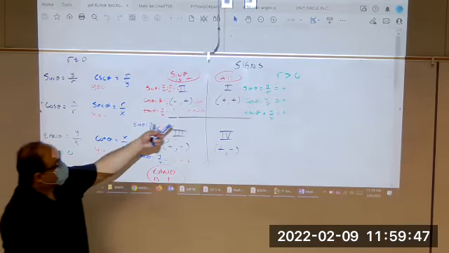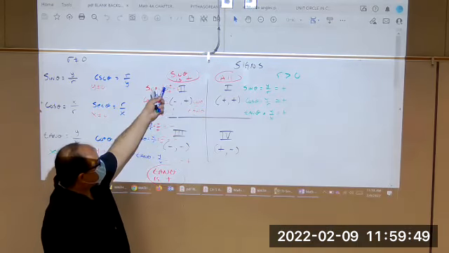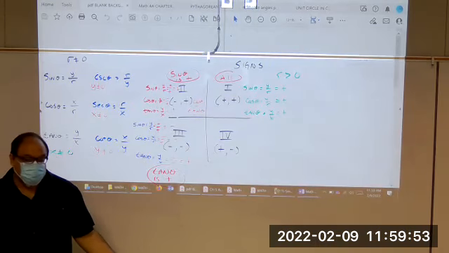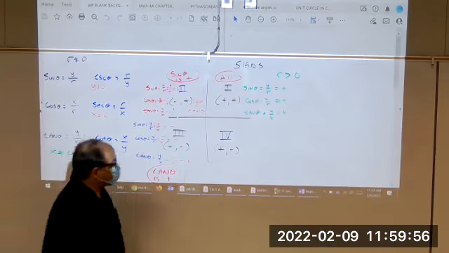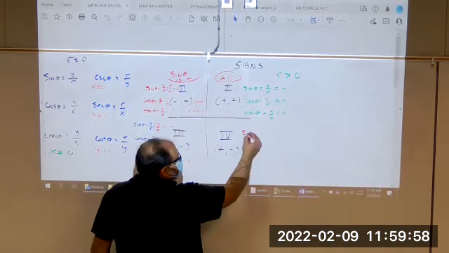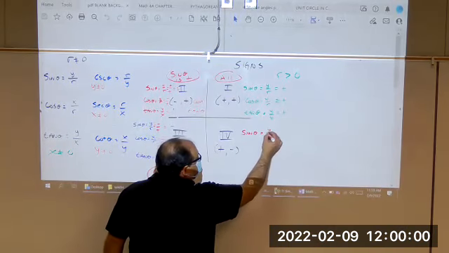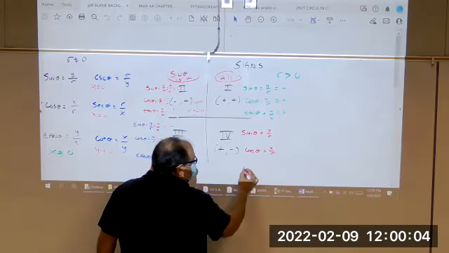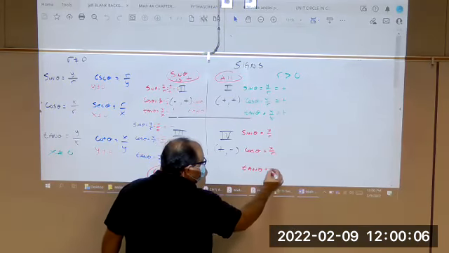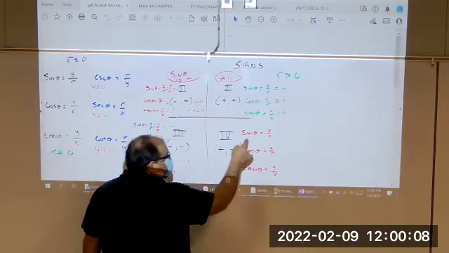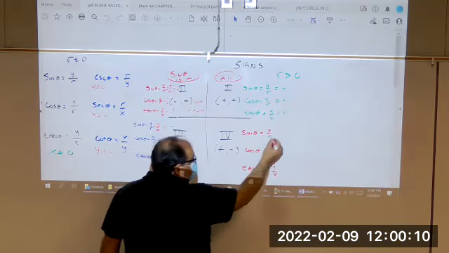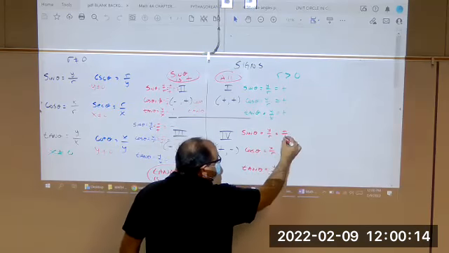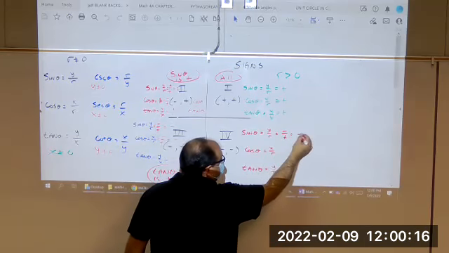So in the first quadrant, it's all of them. Sine in the second, tangent in the third. Well, are we just going to leave cosine out of it? No. Let's see. Sine theta, cosine theta, tangent theta. Sine is y, that's a negative. The radius is a positive. Negative over positive will be a negative sign.